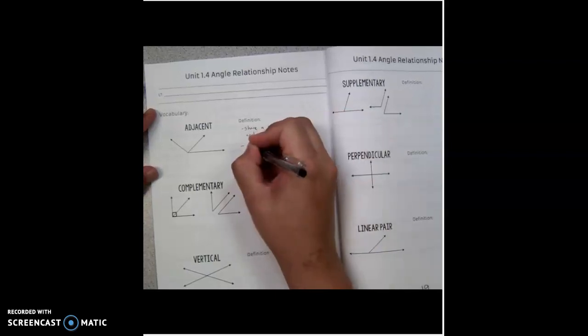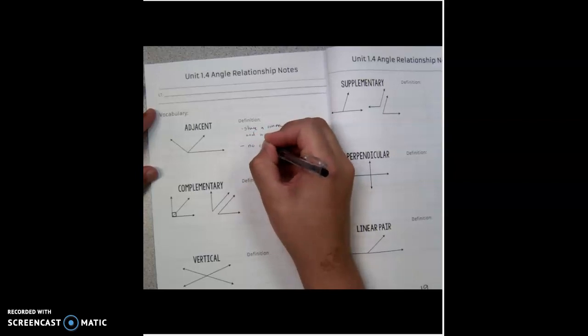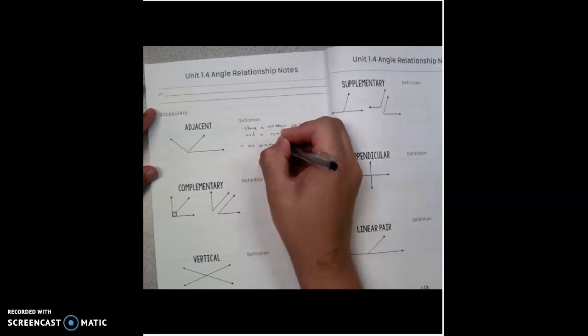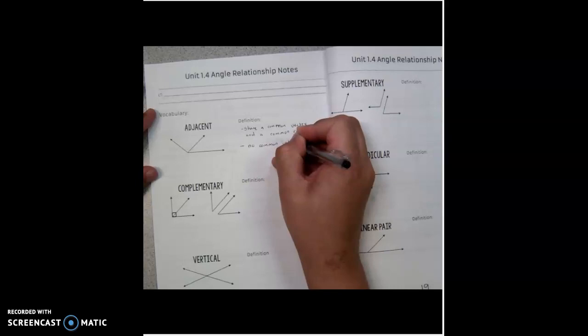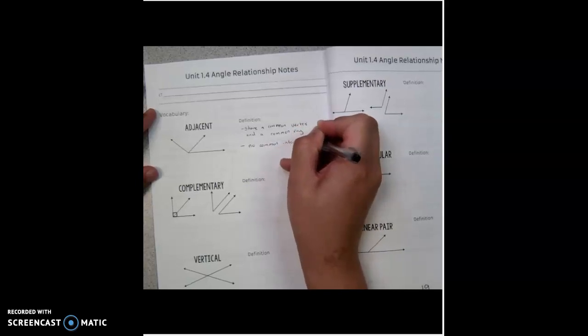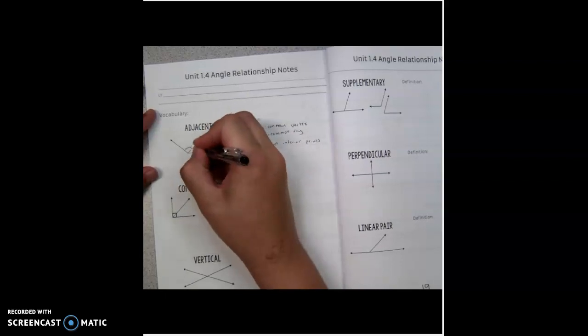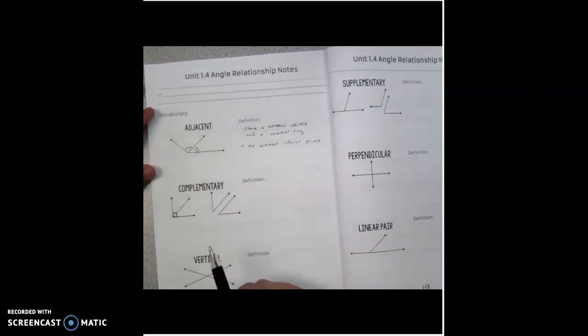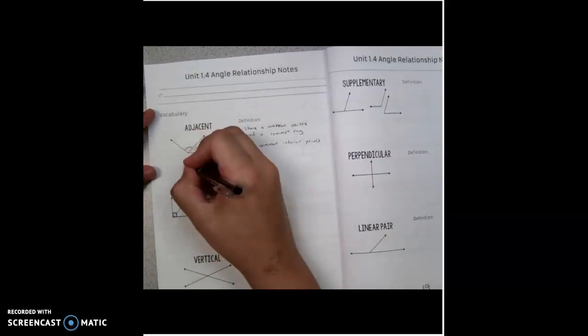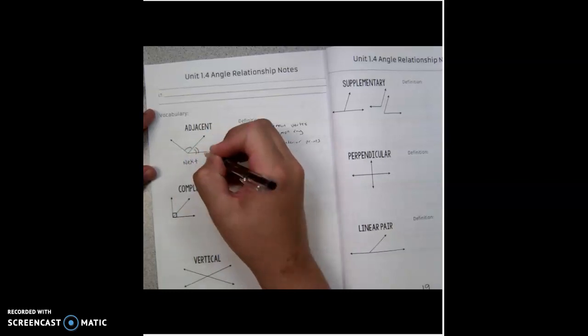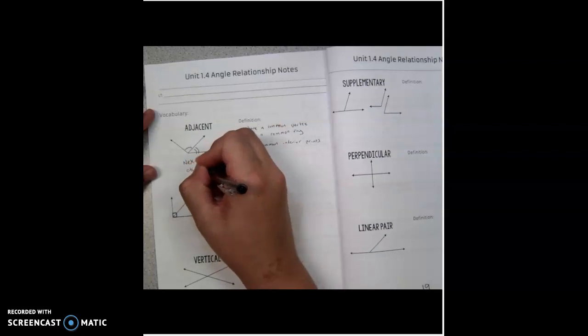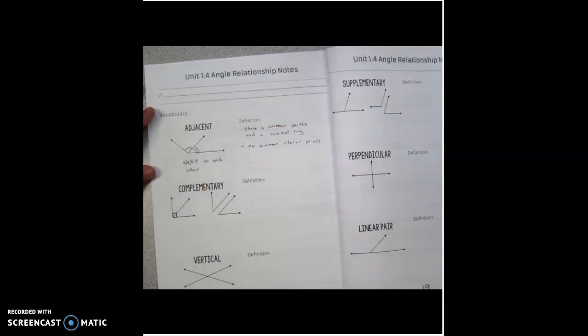They also have no common interior points. Essentially, the two angles are next to each other. So next to each other is an adjacent angle. Okay?